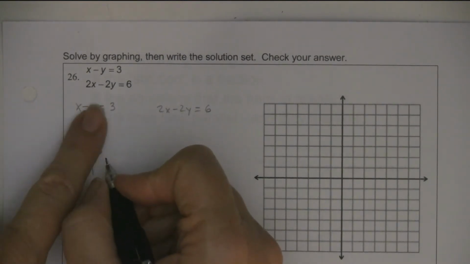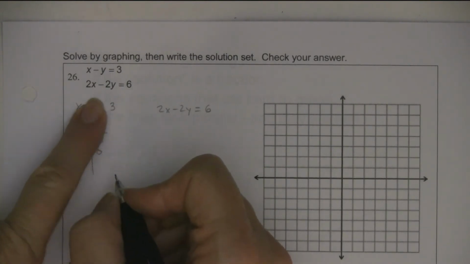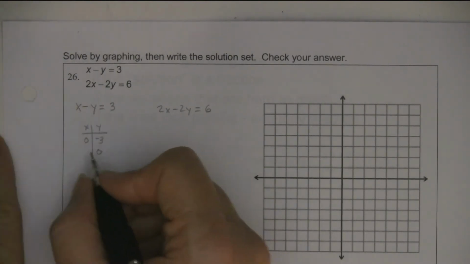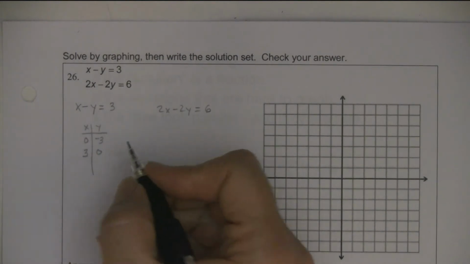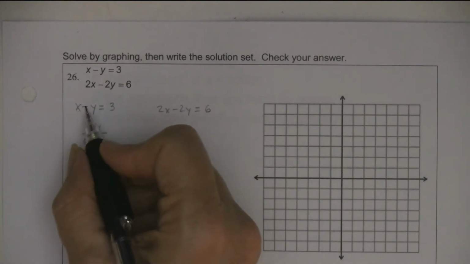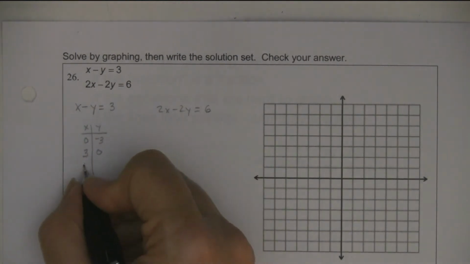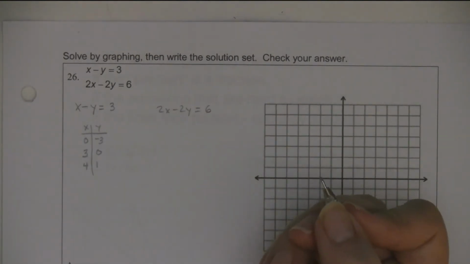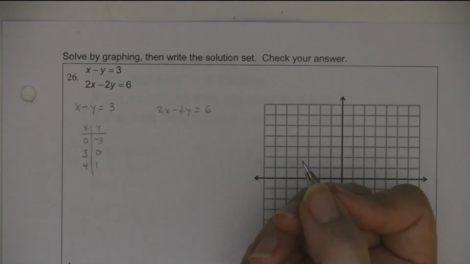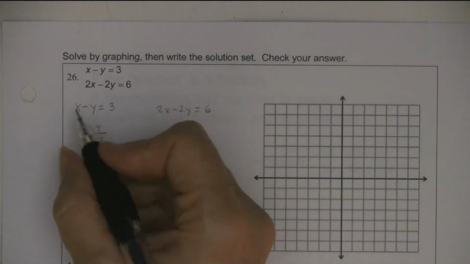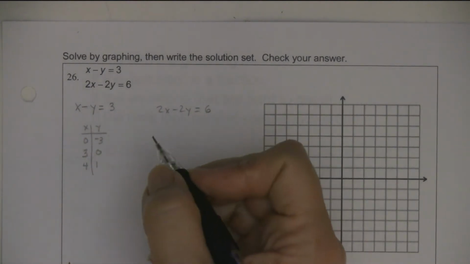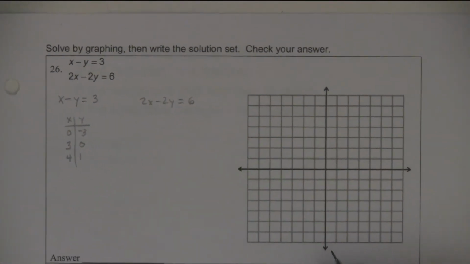And if y is 0, then x will be 3. And then you could do anything. 4 take away 1 is 3. So this is 4 and 1, right? I mean, that would be a good way of getting some points. So convenient points are pretty easy to find on this one because it's just not that tricky of a line to graph.